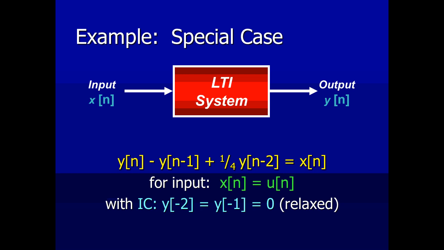Well, actually I need 2 terms, right? I need a k1 times 1/2 to the n, and another one, k2 times 1/2 to the n, but this one will get an n out in front. That's how we're handling this special case where we have repeated roots.